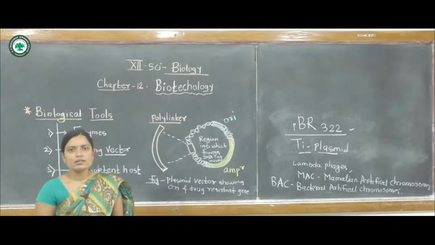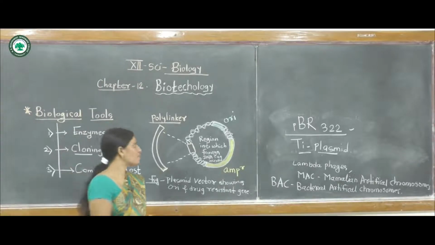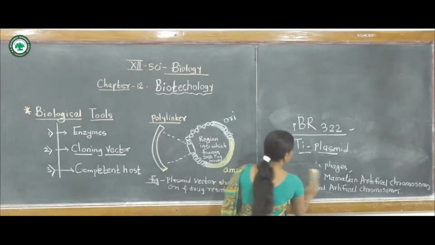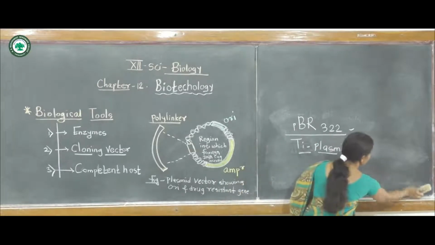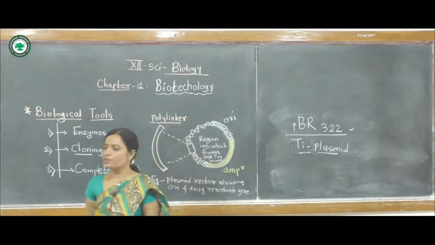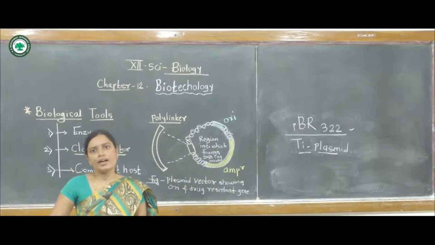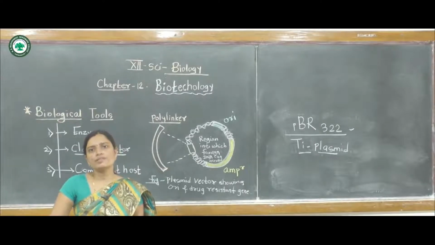Now there are some properties of good vectors. The vector should be able to replicate automatically, that is, autonomous replication takes place through this vector.